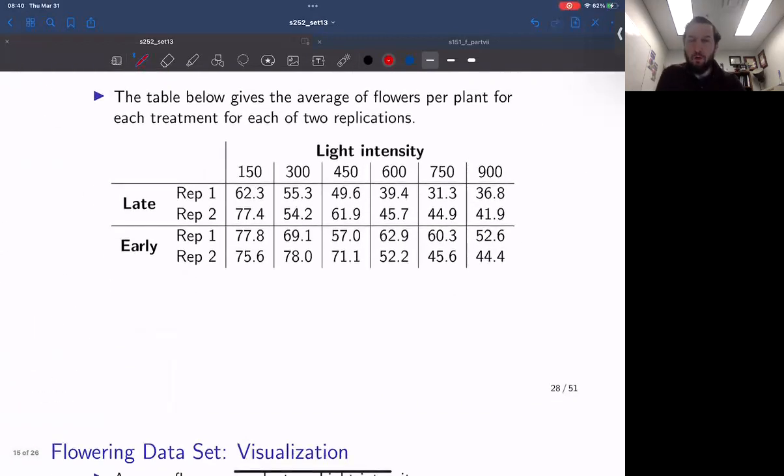Okay, so here's a visual look at the averages, just for more clarity on the design, right? So you can see here we have light intensity, we have the late and the early lights, and then we have the average number of flowers that have grown across the two replications.